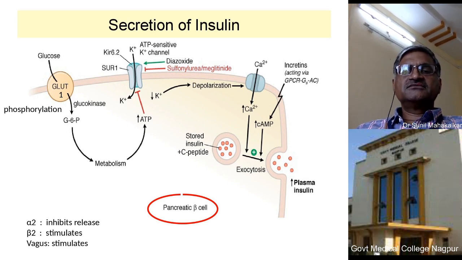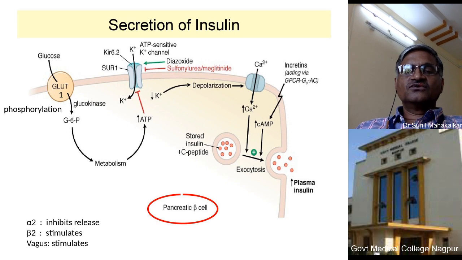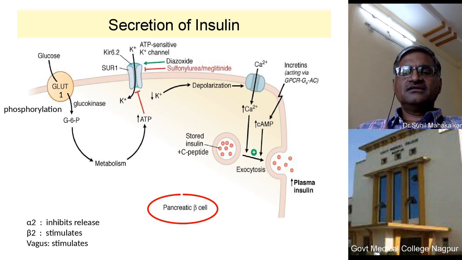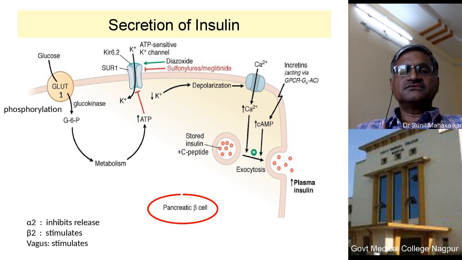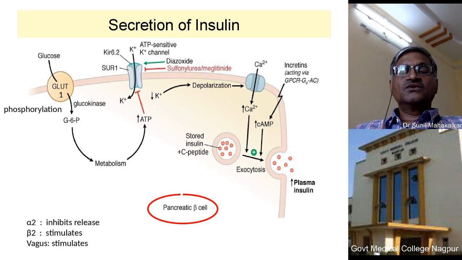So decreased potassium will then cause depolarization, and the calcium channel will open up. Calcium will enter. It will cause the release of the stored insulin in the granules. It causes exocytosis, and then there is release of insulin. So secretion of insulin is caused by glucose.